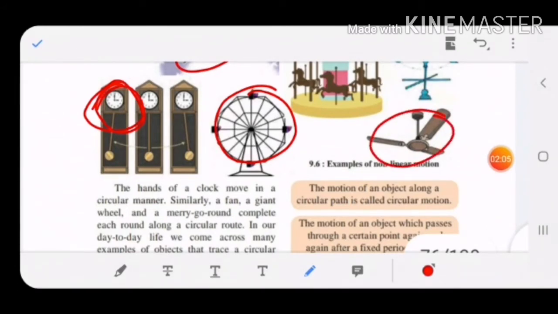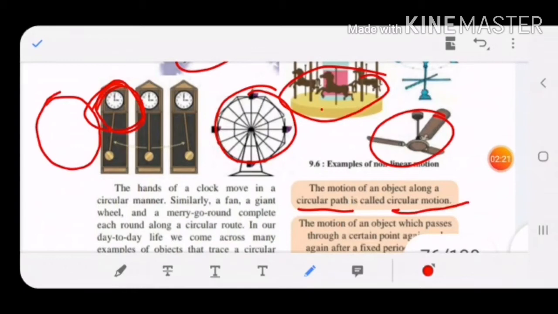These horses in a fair are also moving in a circular manner. So the motion of an object along a circular path, any object which is in motion but moves in a circular manner, that type of motion is called circular motion. Remember, learn this definition. The motion of an object along a circular path is called circular motion.